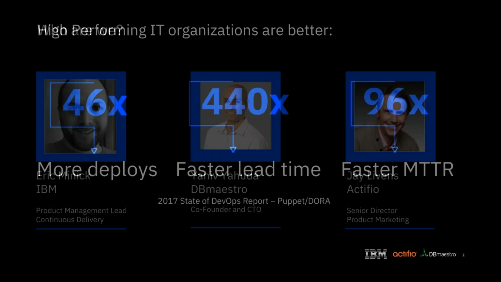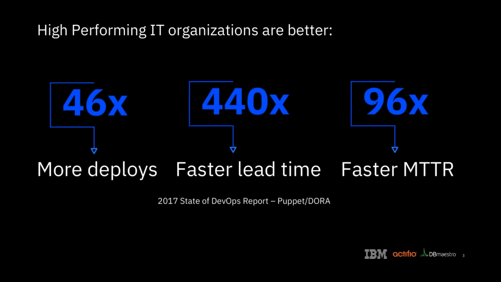I want to start with just a little bit of context for continuous delivery, because in this session we're going to drill in on where better management of data and databases fits, right? But let's step back. Why does continuous delivery matter?